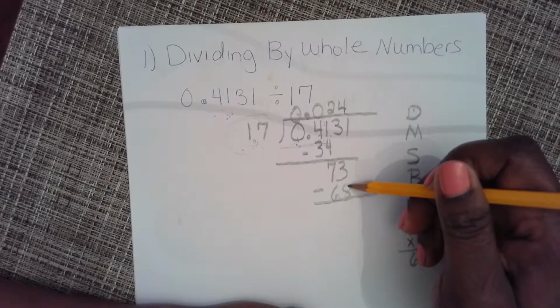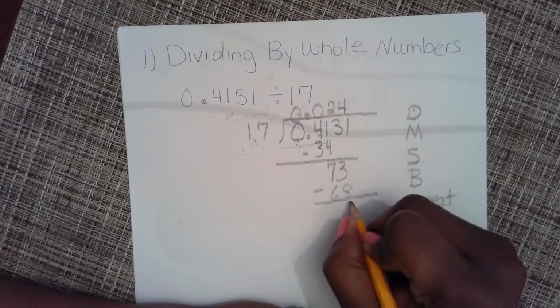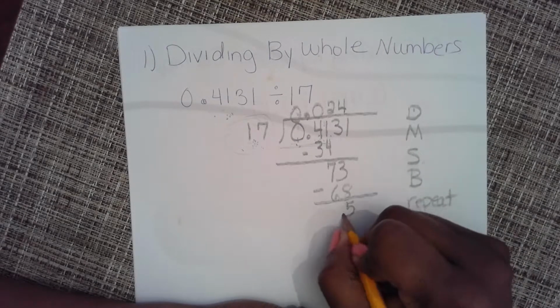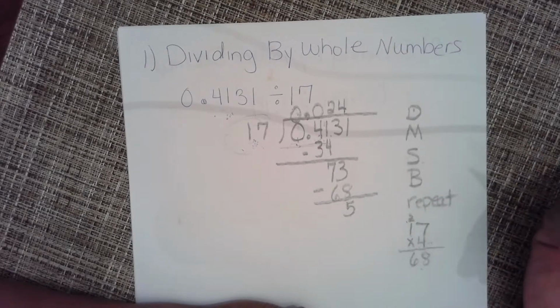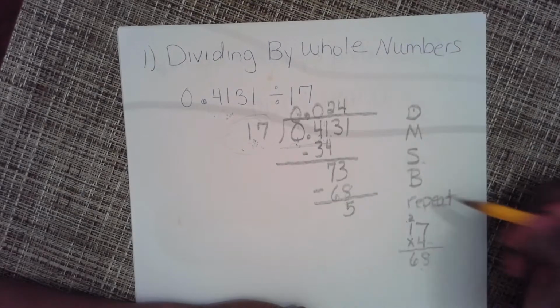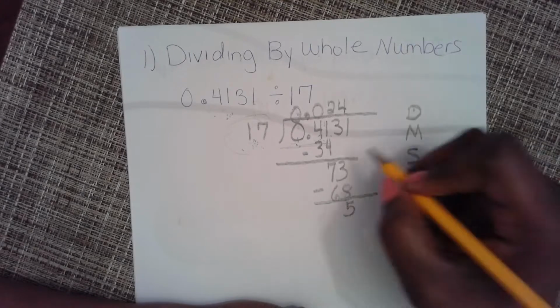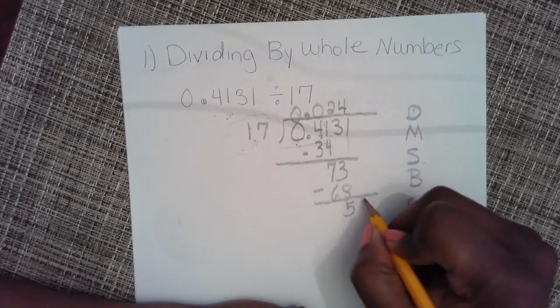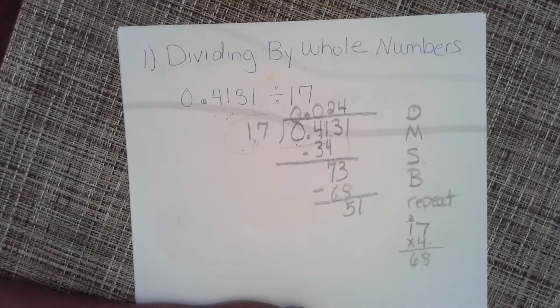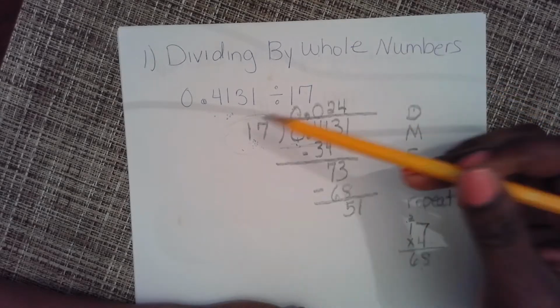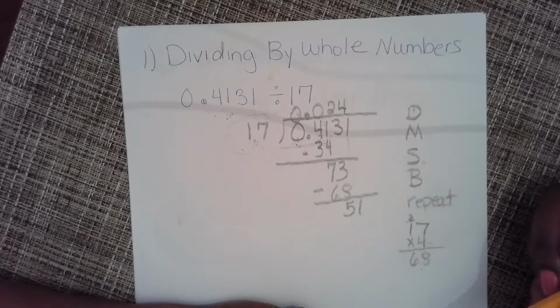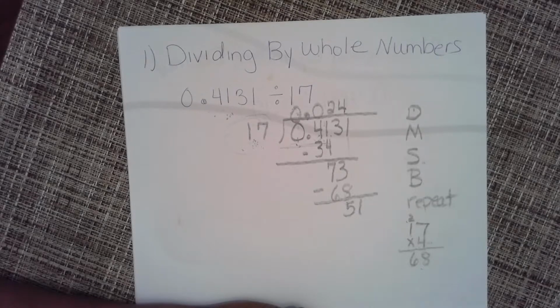Now it's time to subtract. 13 minus 8 is 5. With regrouping, this becomes a 6, and 6 minus 6 is 0. So I've subtracted. Now it's time to bring down. I bring down my 1. So now I have to go back, repeat, and go back to divide. 17 can go into 51 3 times, I believe.